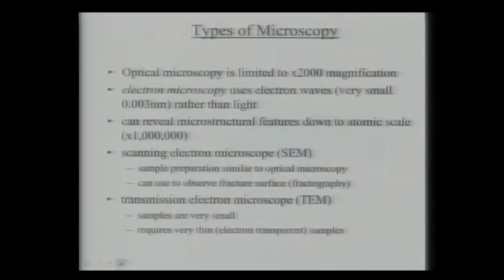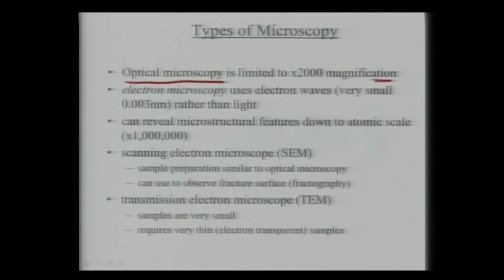What are the different microscopies one would use in materials science? The first one is optical microscopy, which essentially uses simple light, and because of the large wavelength of this light, the magnification is limited; you cannot really go to very high magnification.